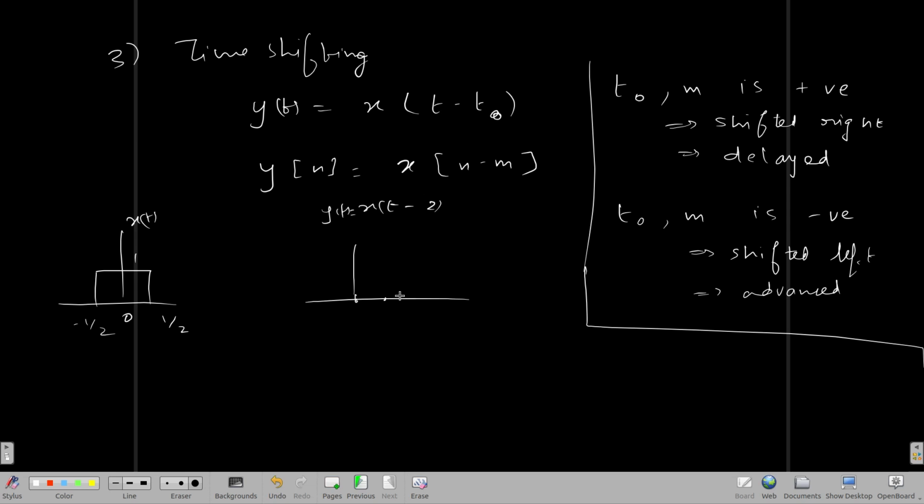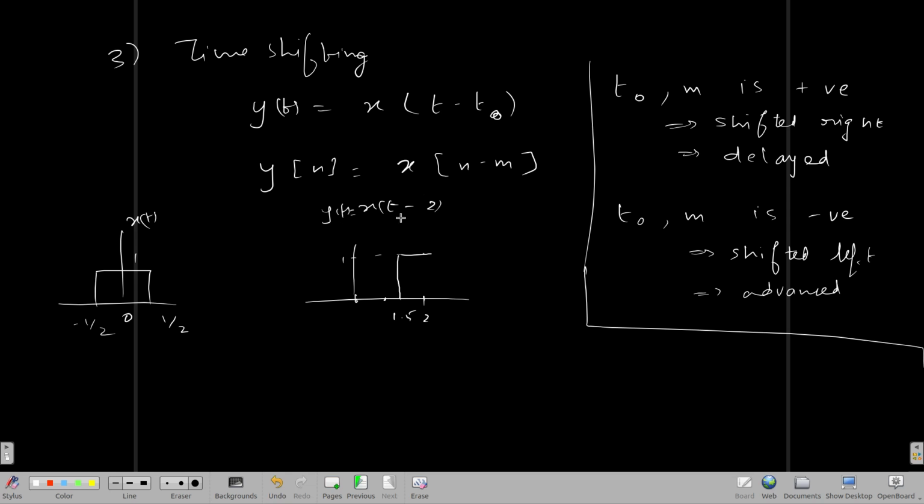So we have a 1 here. What is y of 2? y of 2 is x of 2 minus 2, which is x of 0, which is 1. We have a 2, we have a 1.5. And what is y of 2.5?